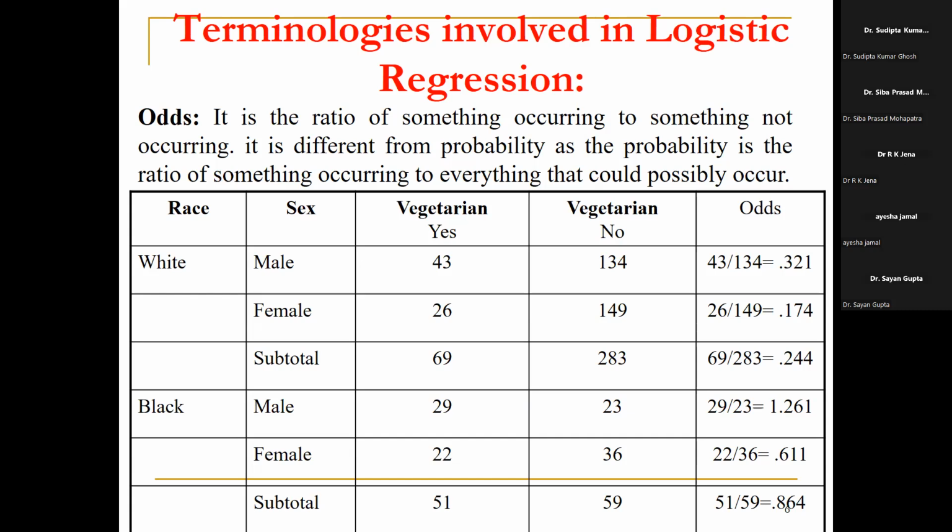If that value is more than 1, then you can say the preferred group has an advantage over the other group. Suppose for the subtotal of white, if I find that it is more than 1, then I can say there are more vegetarians than non-vegetarians. Similarly for black. So the objective is that as we are predicting some classes, that means nominal or ordinal variables, using the regression equation, it is very important to know the importance of the odds ratio.